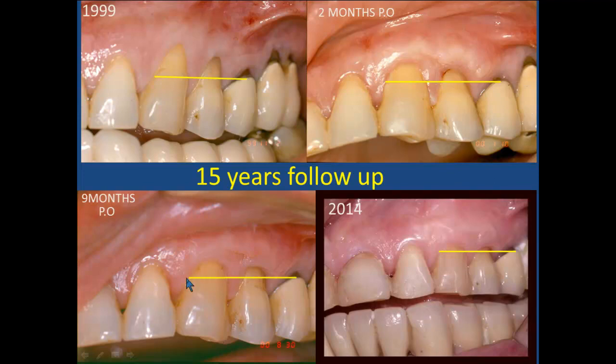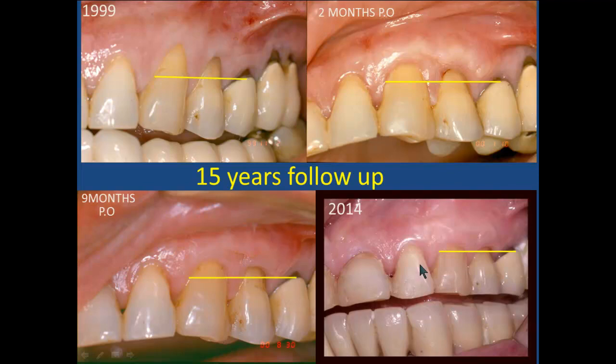In 9 months post-operative, you can see the amount of creeping of the attached gingiva covering the root surface, and the increase of width of the keratinized tissue without still any demarcation line with the mucosal tissue apically, as you can see it here.